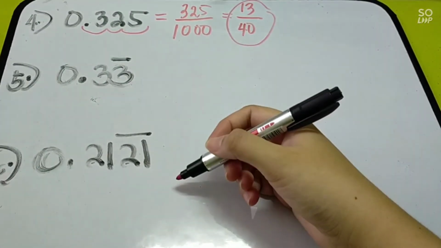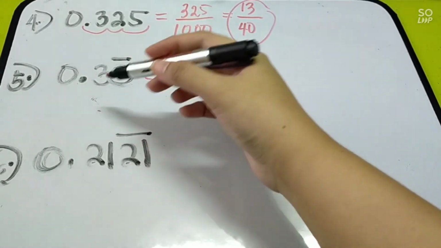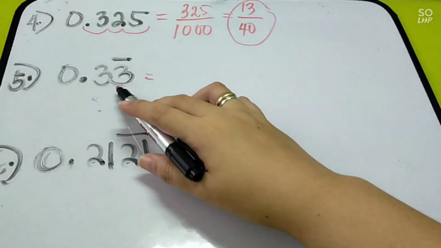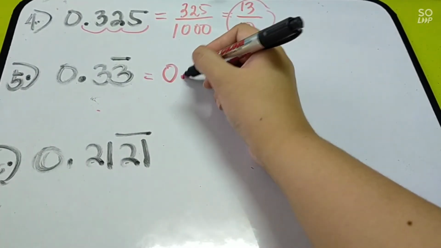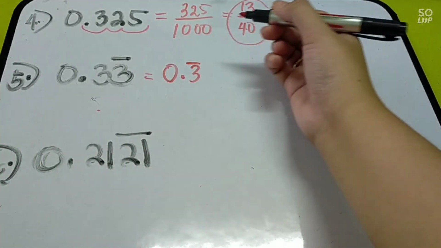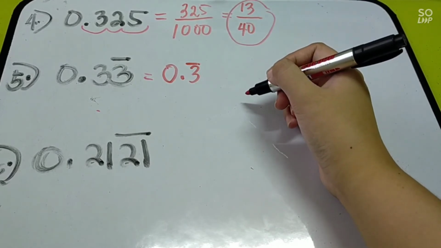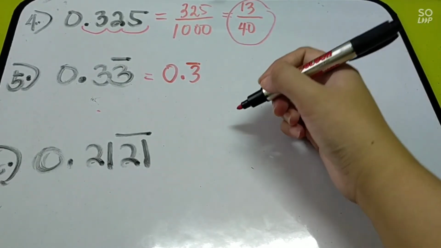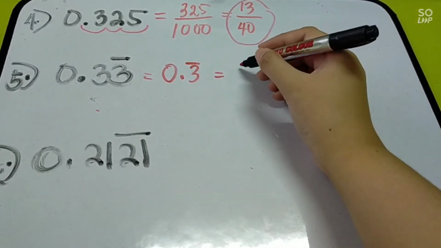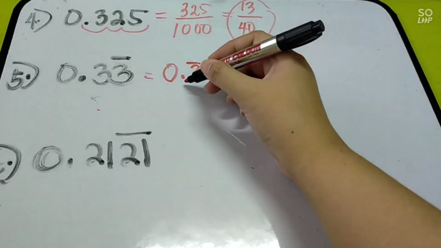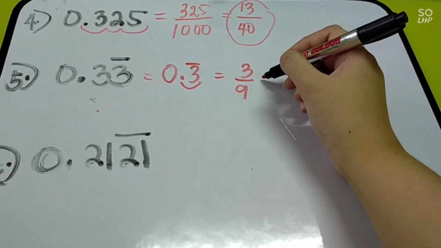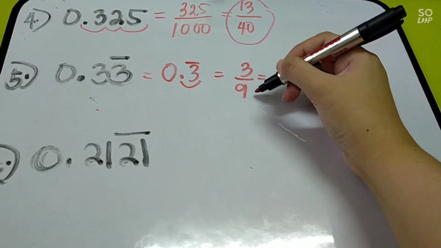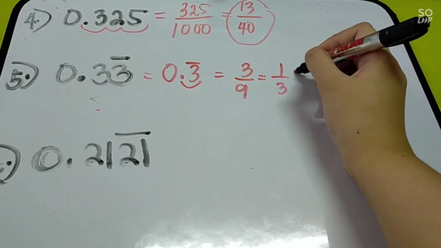What if it is repeating? So, we have 0.333, meaning the 333 repeats. We can rewrite it as 0.3 with the 3 repeating. We can write it like that. When repeating, it is over 9. What we do is, you have here 3, then how many digits repeat? One. So, over 9. 3 over 9. They are divisible by 3, it becomes 1/3.